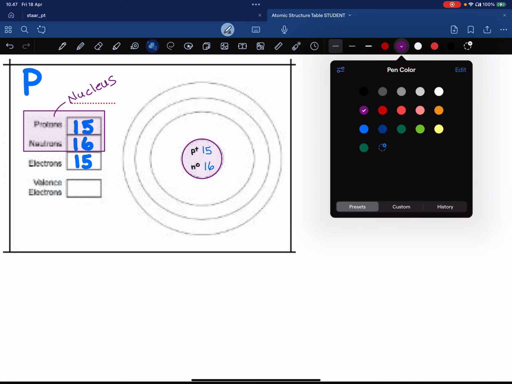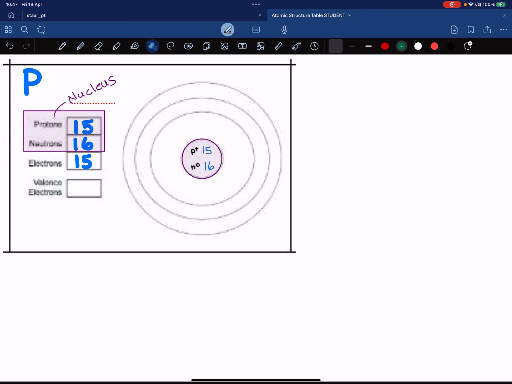Now, let's take a look at the electrons. Electrons, of course, as you recall from your readings, have energy levels, right? So this right here is energy level number 1, and then you've got energy level 2, and energy level number 3.